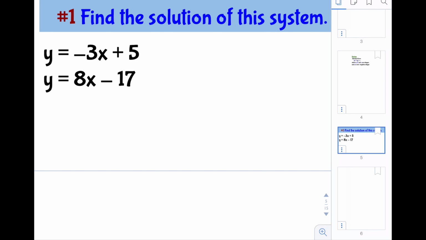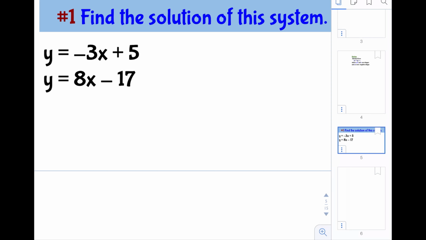Let's have example number 1. Find the solution of the system y is equal to negative 3x plus 5 and y is equal to 8x minus 17. So both equations are in the slope-intercept form, so we can easily find the solution using the substitution method.